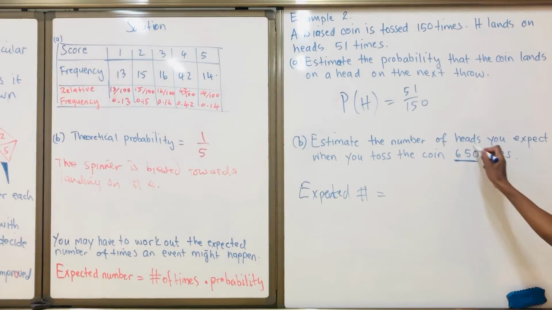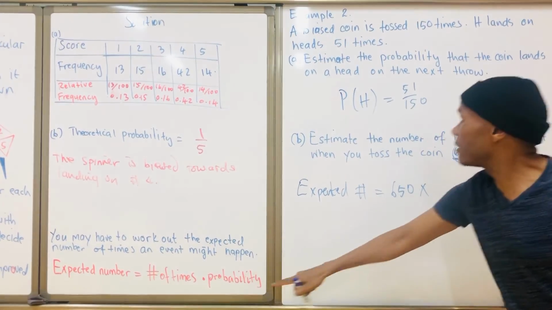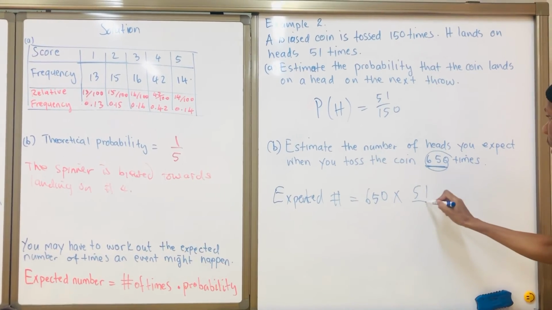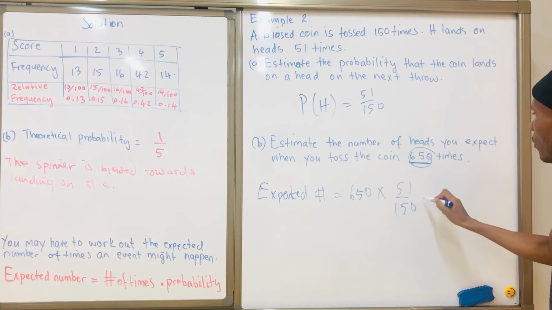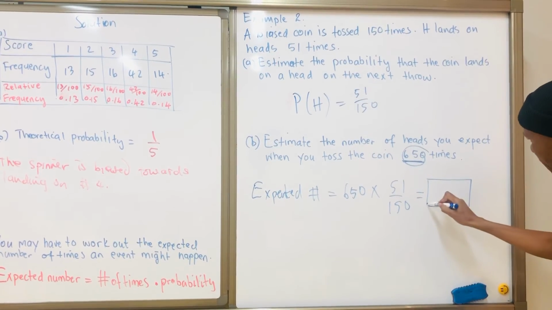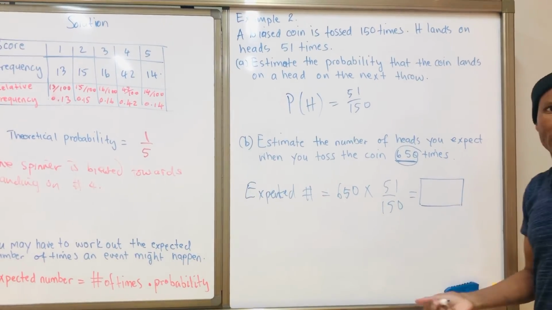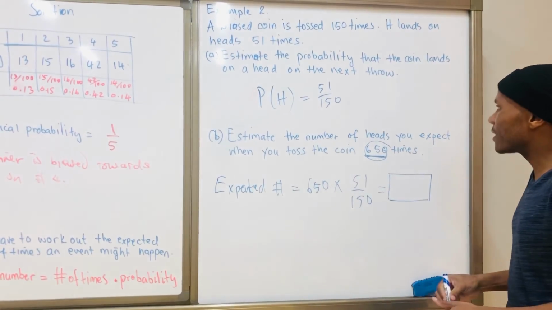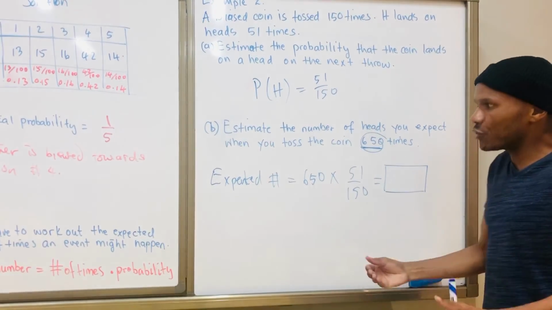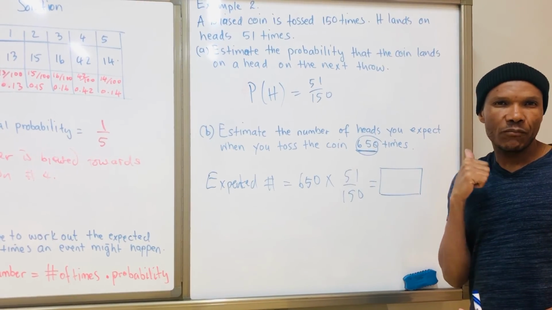What is the number of times? 650. 650 multiplied by the probability, which is 51 over 150. And whatever number that you get there, that will be your expected number of times. So that means if you throw it 650 times, the expected number of times that you should get a head will be this number. Okay? Cool.